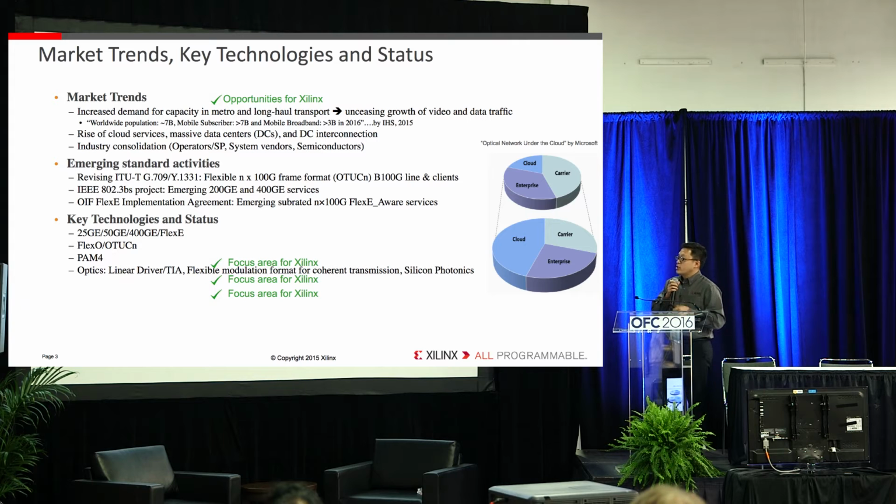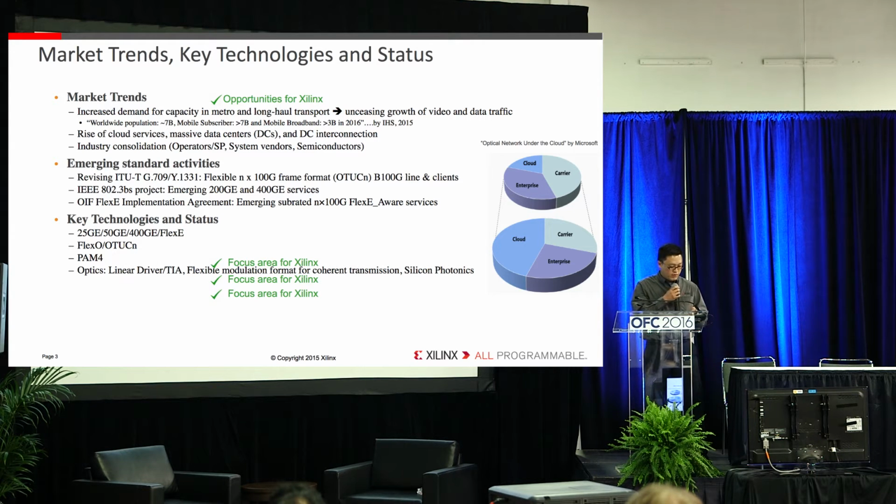The first trend that we're seeing is continued growth in terms of traffic. There's a lot of traffic from video and also from mobile, and those are all data traffic that is going to source from routers, and those traffic needs to be transported. And of course, there's also the rise of cloud service.